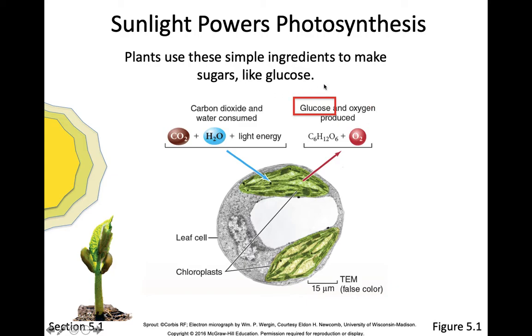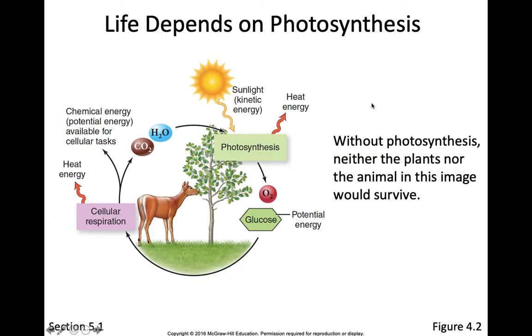So the glucose they're going to use to power their cells, that will remain inside of the cells. The cells will use the energy inside of the glucose molecules to make ATP and so on and so forth. And then the oxygen will be released from their cells into the environment, and then we will breathe that in.